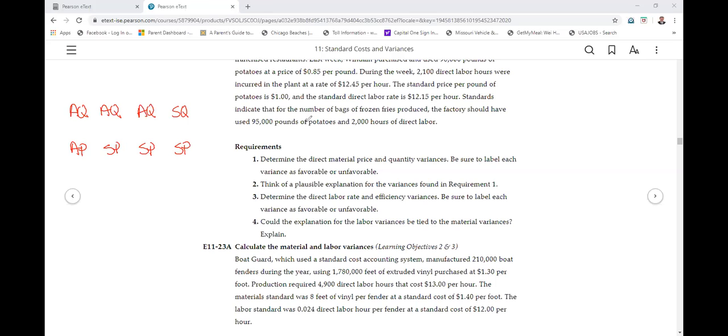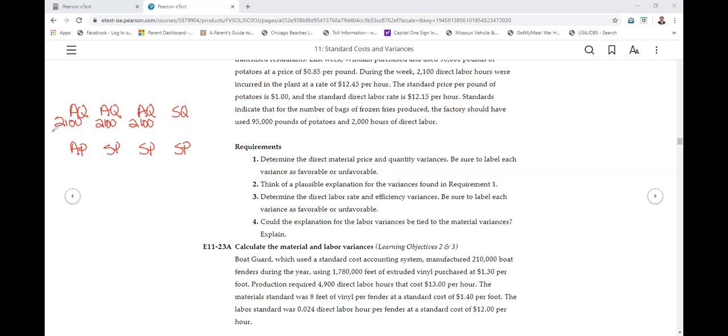And then all I'm going to do now is just plug in the numbers like I read them. So the AQ is going to be 2,100 hours. In fact, I'm just going to do that for all these. The nice thing about the labor variances is AQ is always the same, whereas with the material variances, sometimes you'd have to change that second AQ.